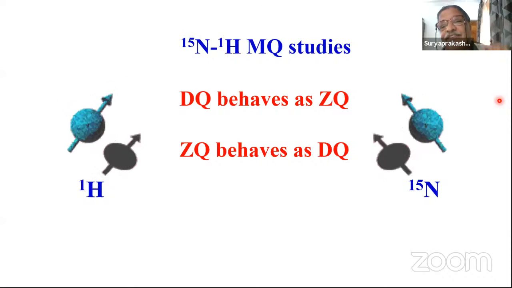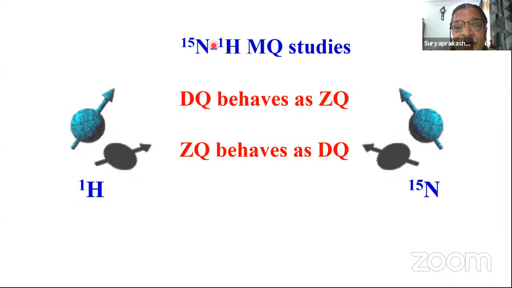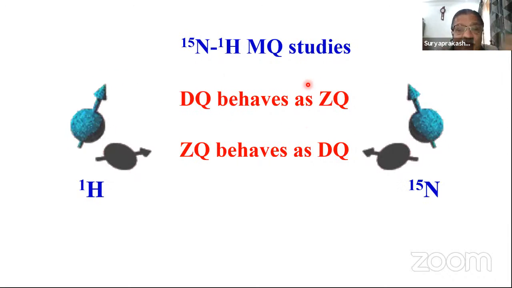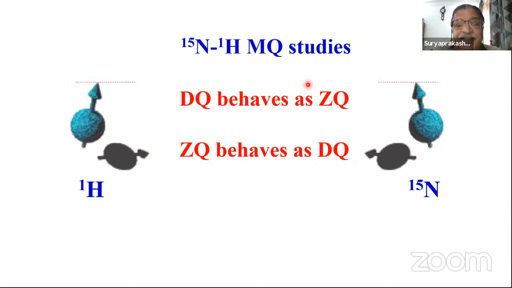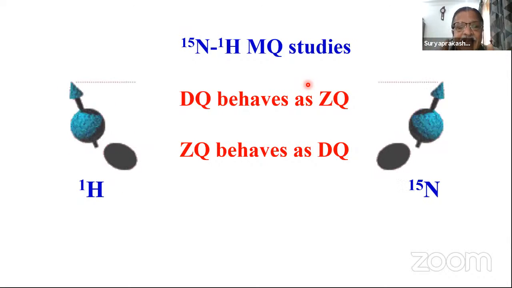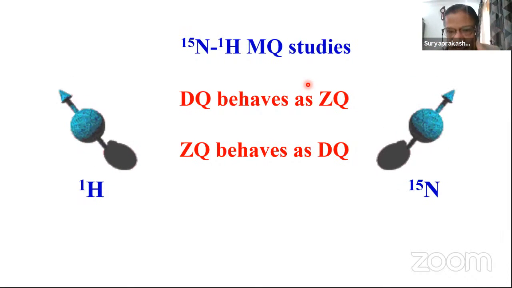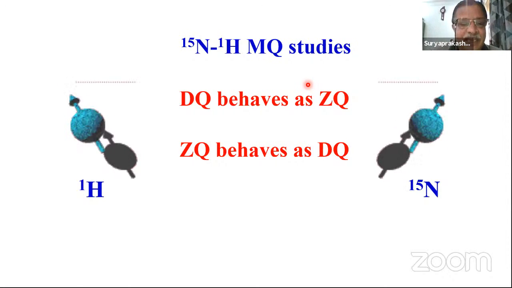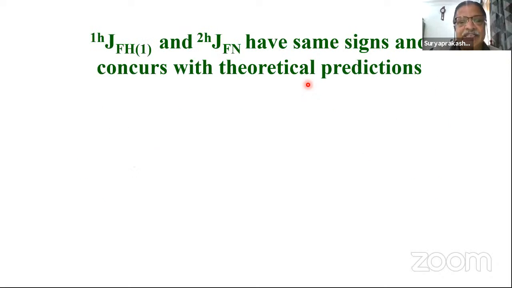So if I do nitrogen 15 and proton multiple quantum, double quantum behaves as zero quantum, because these two are precessing in opposite directions. As a consequence, instead of adding up, they're subtracting. In the zero quantum, instead of subtracting, they're adding up. So this is the beauty. If you are an NMR spectroscopist, you will understand. So now we know that double quantum behaves as zero quantum and zero quantum behaves as double quantum in this nitrogen 15 and proton experiment.